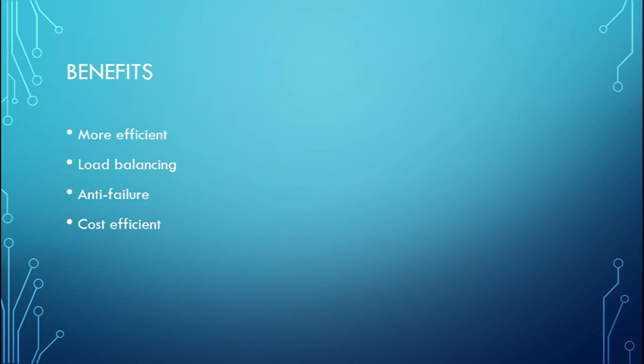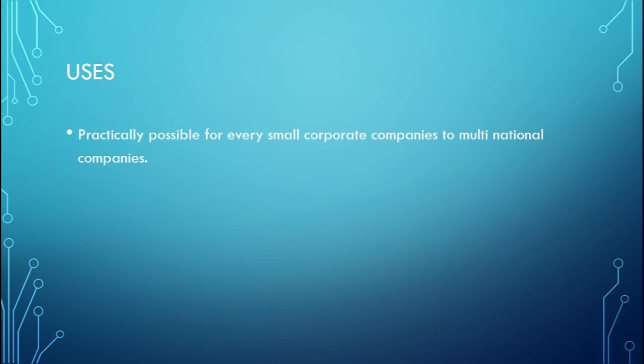If one path fails, it will go through the other path and the system doesn't stop. The packet will be sent continuously. It is cost efficient because there is no costly equipment used in the project. Next is uses. It is practically possible for every small corporate company up to multinational companies to implement the project.